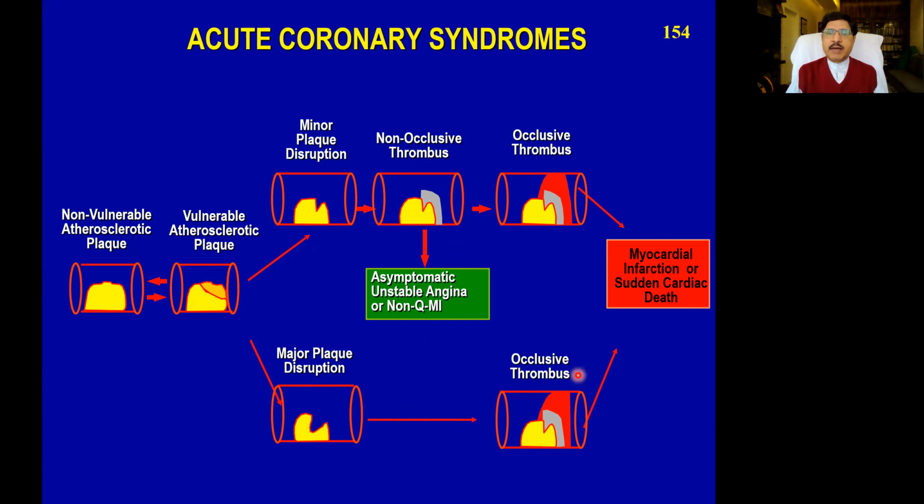And directly they can have Q wave myocardial infarction or the ST segment elevation myocardial infarction or they end in sudden death. I told you 30% only will go in this route and 70% in India go in this route. All the more reason that we should see that plaque buildup doesn't occur, and if it is there, that it is not a vulnerable plaque. So this is the basic understanding. Let's go further.